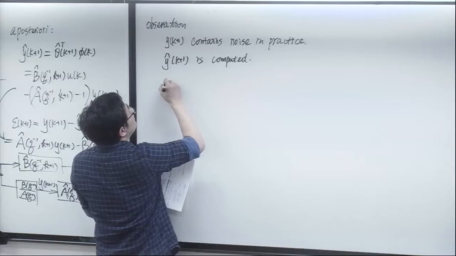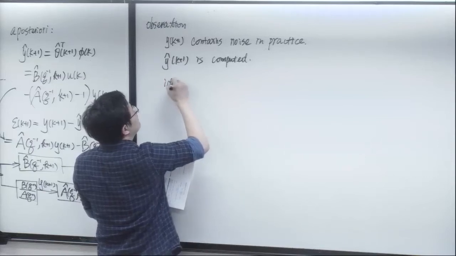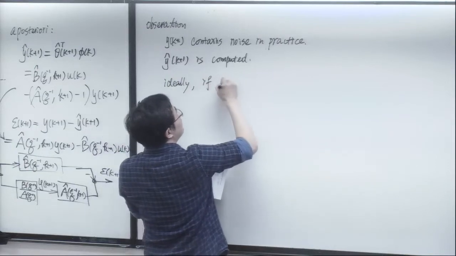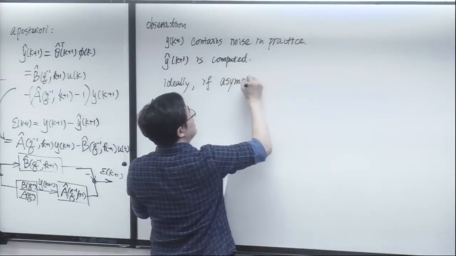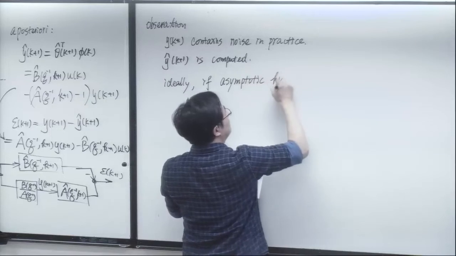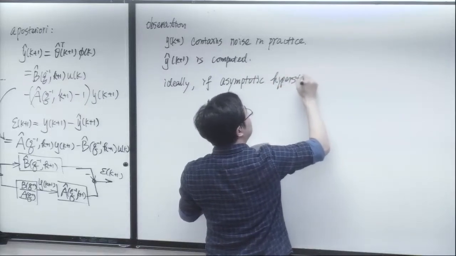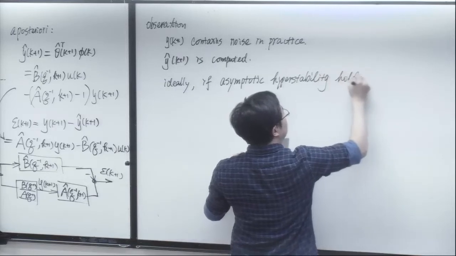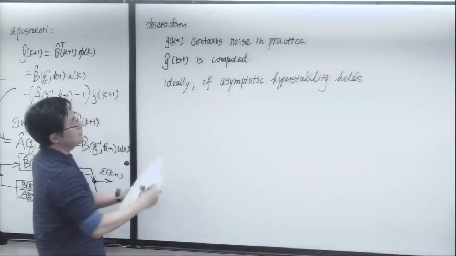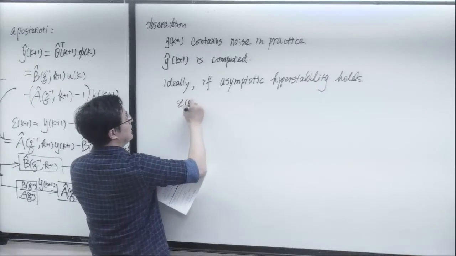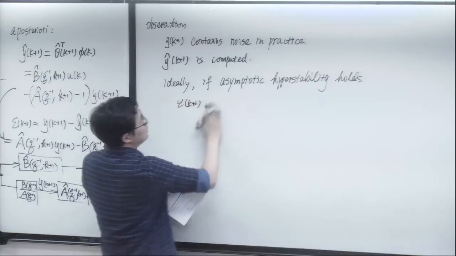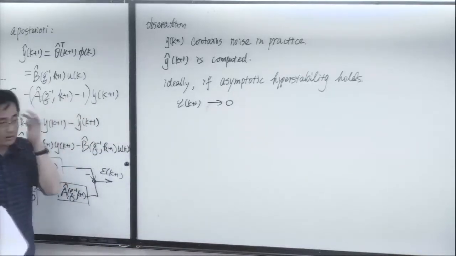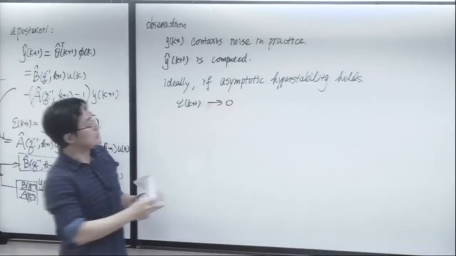Ideally, if we have asymptotic hyperstability, we have epsilon k plus 1 will go to 0, right? That's the asymptotic hyperstability result.